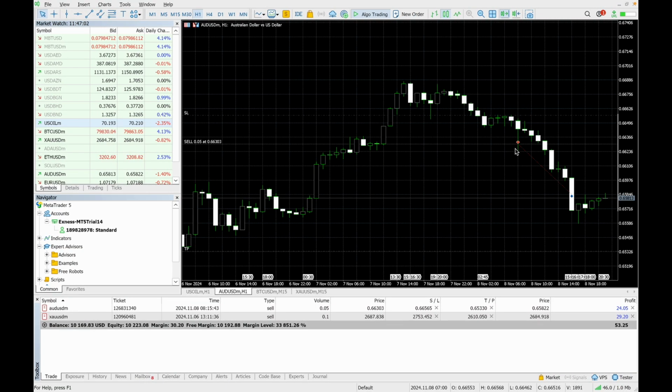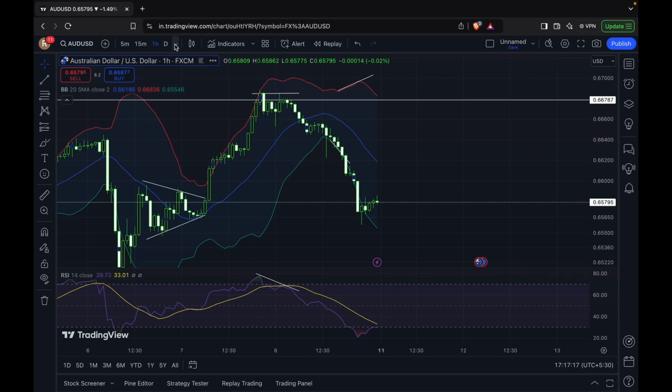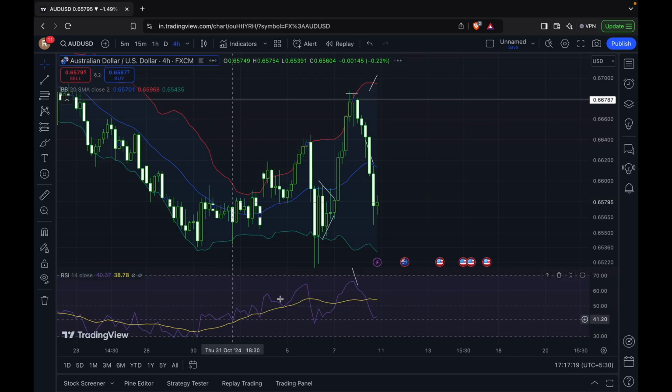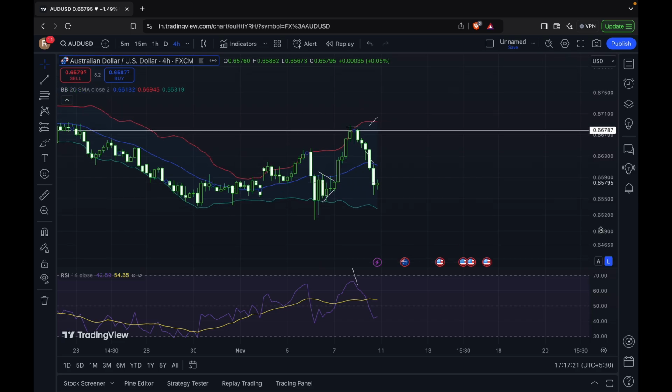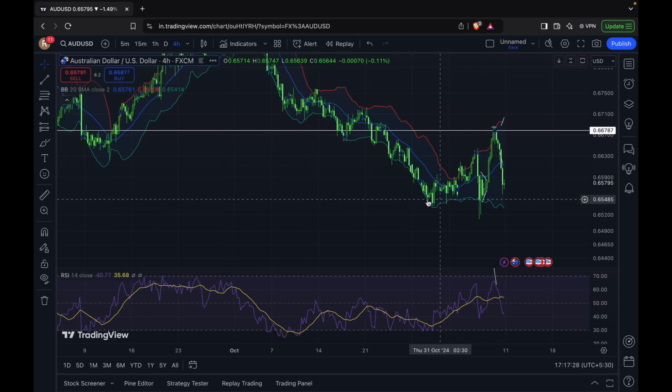As you can see, this is AUDUSD on the hourly time frame. I took the trade somewhere over here, and I kept the target to be 65326. The target was set by analyzing the 4-hour time frame. The 4-hour time frame indicates that you can keep your target somewhere over here if the market is going down.